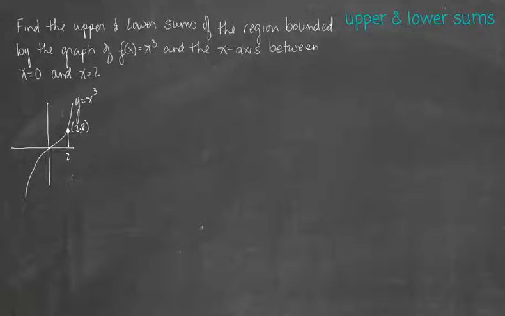So let's use what we know and calculate the upper and the lower sum. The first thing we want to do is decide on some intervals or some widths for my partition. I could choose, as I said just a moment ago, to make my partition width 2, and then my upper sum and my lower sum would approximate the area, but not very closely.